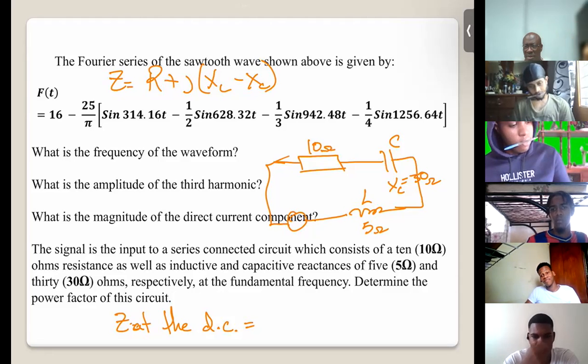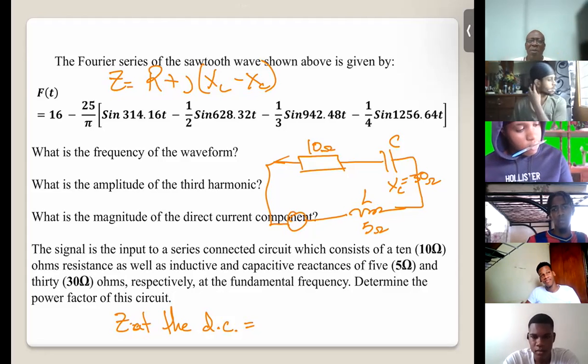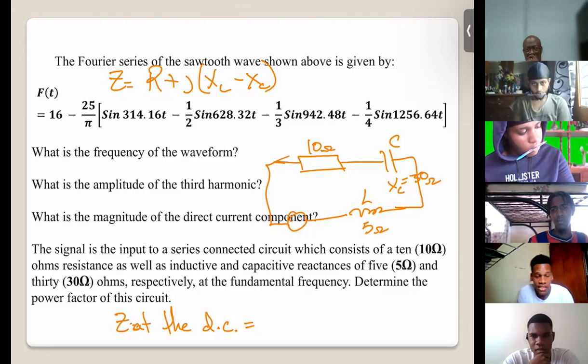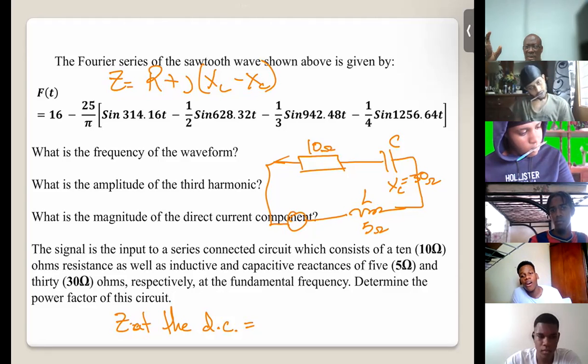Agreed? Yes, sir. Therefore, at the DC for this circuit, because of the presence of the capacitor, the current is 0, because the impedance at the DC would be infinitely large because of the presence of the capacitor.